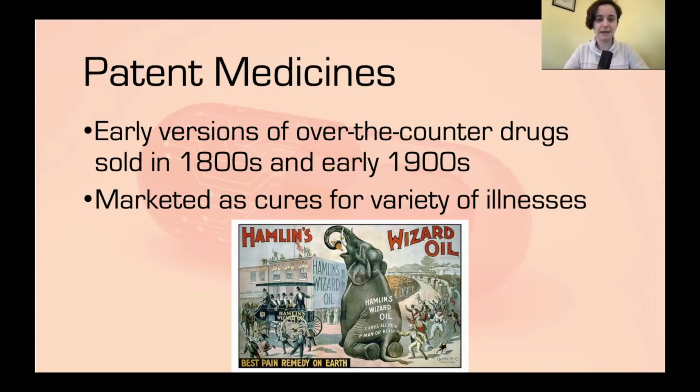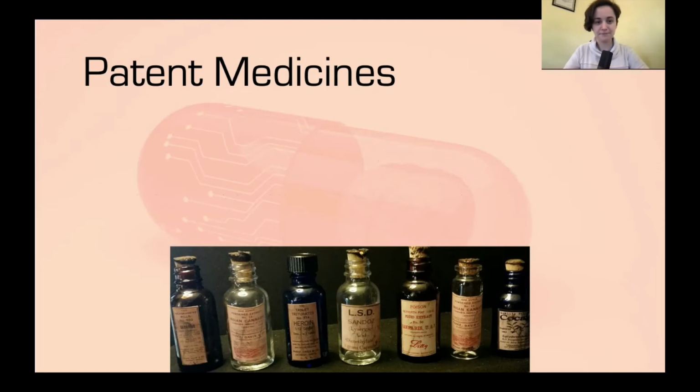The idea behind patent medicines was if there was anything wrong with you, you could take wizard oil, snake oil, magic oil, and you generally didn't know what that oil contained, although it was oftentimes some kind of opiate and some kind of stimulant, such as cocaine, and it would make you feel better, in essence.